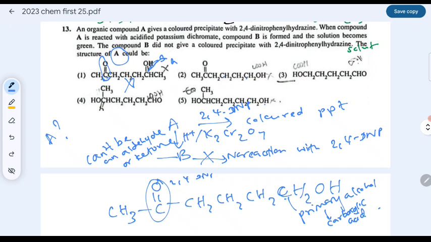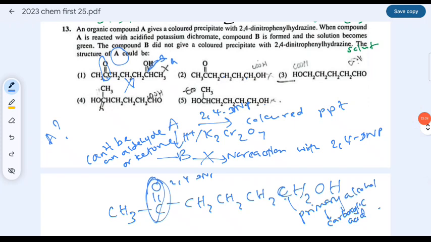The compound B did not give a colored precipitate with 2,4-DNP. So what can you say about that? But here there is remaining CO. This ketone is there. So this ketone gives a colored precipitate with 2,4-DNP. Right?